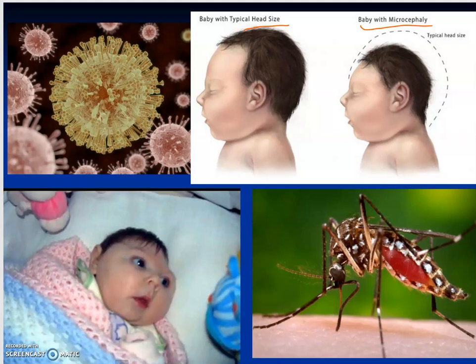So if a mother is infected with Zika virus during pregnancy, especially early on in the first trimester, it can cause severe neurological problems that are visible at birth, and it leads to an abnormally small head. So you can see the normal head circumference should be something like this, and this kid has an abnormally small head. And so here also you can see how severely small the head region is right here.